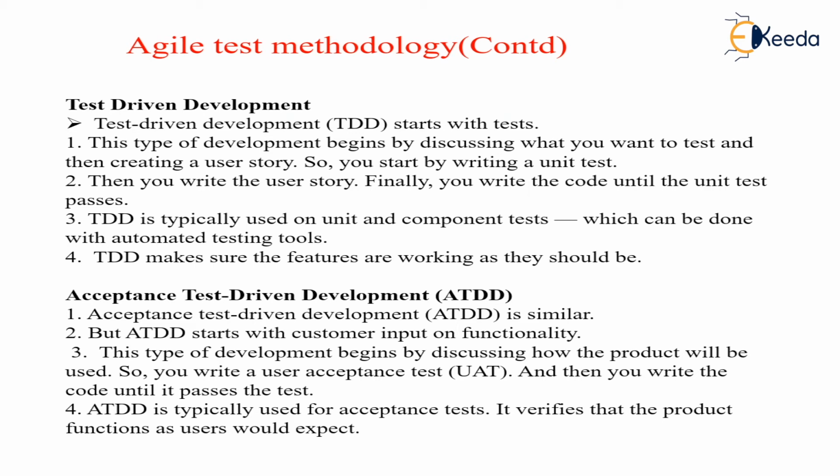All these questions have to be answered. So you write a user acceptance test, then you write the code until it passes the test. Later, it verifies that the product functions as the user expects. That means again it has to go through a number of tests.